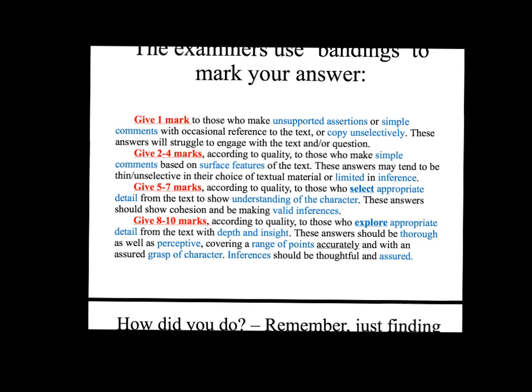You wouldn't want to just write about the very first paragraph of that comprehension. You'd want to make sure, because you're focusing on lines 1 to 34, you would need to make sure that you focus on the first section, but you also make comments from the middle and towards the end. You need to make sure that your points are accurate, that they have an assured grasp of character, and your inferences are assured, so you're very confident in your writing.